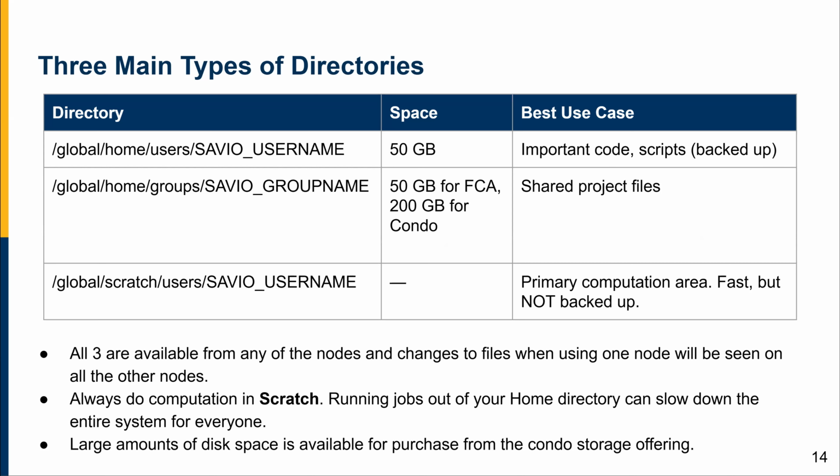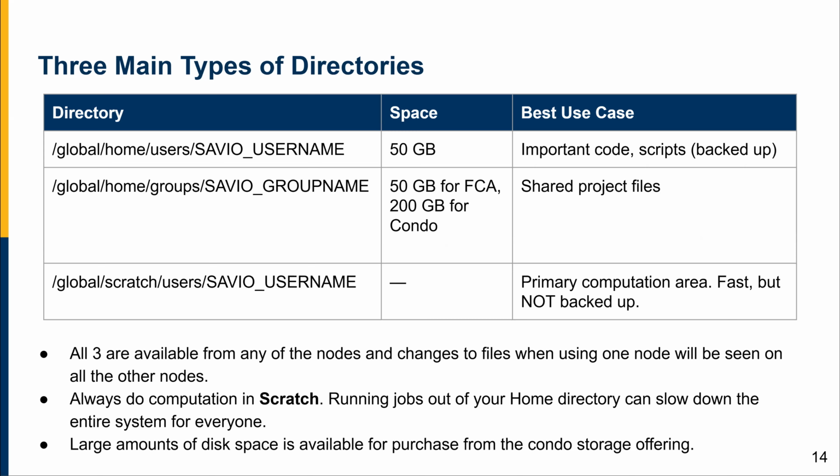If you are part of a group or a faculty computing allowance, or if you have condo resources on Savio, you'll have 50 gigabytes or 200 gigabytes, depending on which resource you have access to. This is best used for shared project files or things you need to share with other people or your lab group. And then you also have a directory on Scratch, which is intended to be used for computation. It's faster, but it's not necessarily backed up.